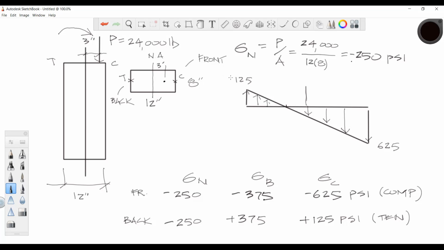Where this is your tensile, this is your compressive, and that point would be zero stress. But it's not at the neutral axis. In this case, it's to that side of the neutral axis. This being my neutral axis here. You guys see what's going on with that? That's what's typically going to happen with these types of problems. You guys get the idea on that one?